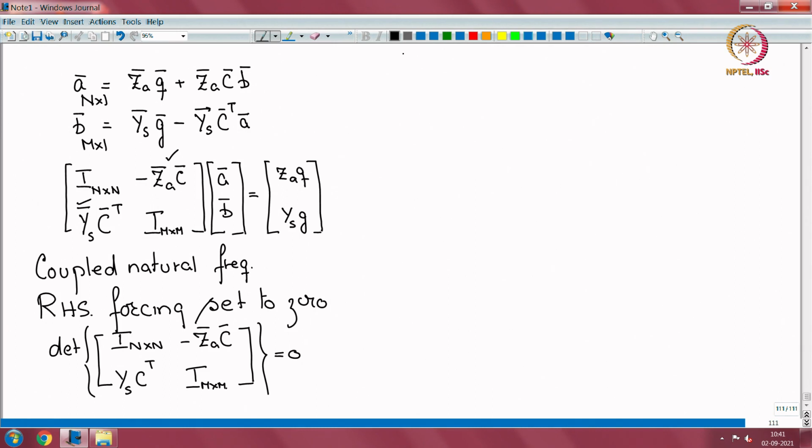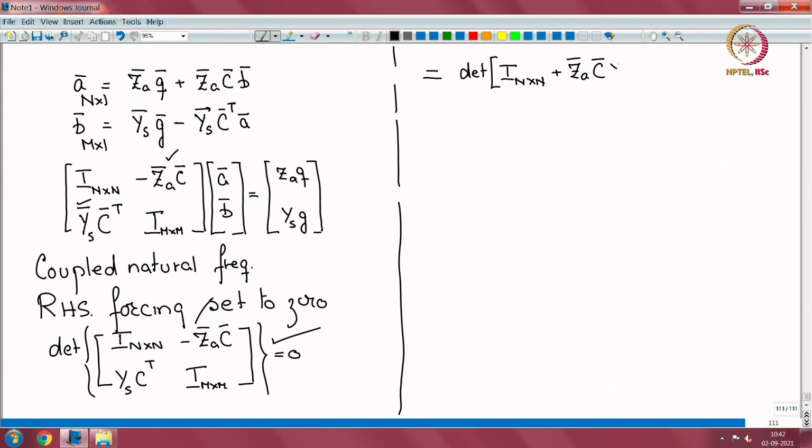Okay. Now, very interestingly, it turns out that this determinant is identically equal to the determinant of another matrix, which is I n cross n plus Z A C Y S C bar transpose.